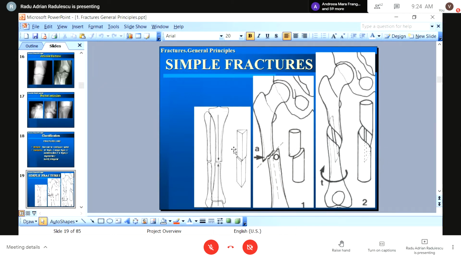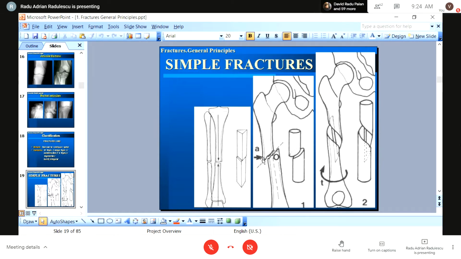In addition, if we put, for example, this patient with this leg fracture in a cast, we may even allow the patient weight bearing, because we'll get compression forces at the level of the fracture line, which are very favorable to bone union.